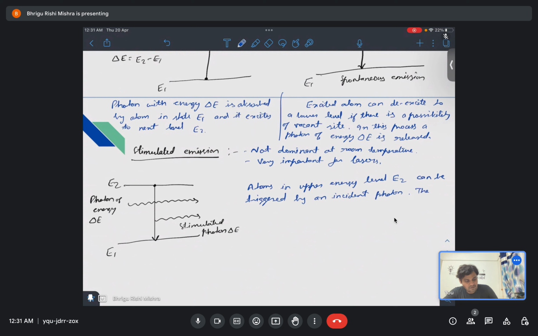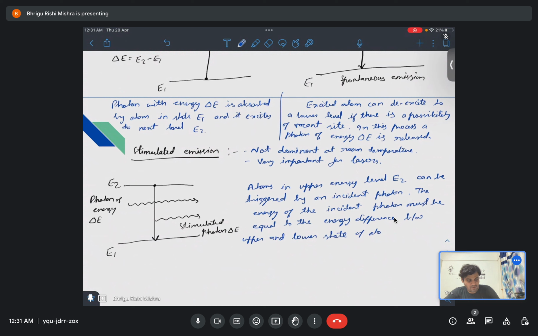The energy of the incident photon must be equal to the energy difference between upper and lower state of the atom.